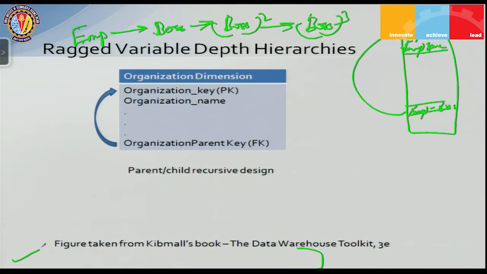This is how the parent-child recursive design is done. So you can see here that this organizational parent key field is just like the boss field, right? And this goes back to the organizational key, right? So this is where this organization in a particular enterprise is linked to.